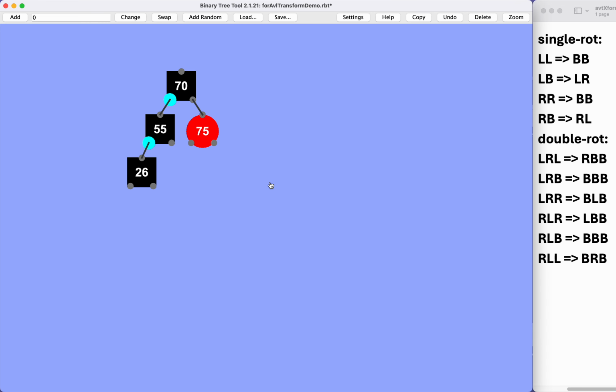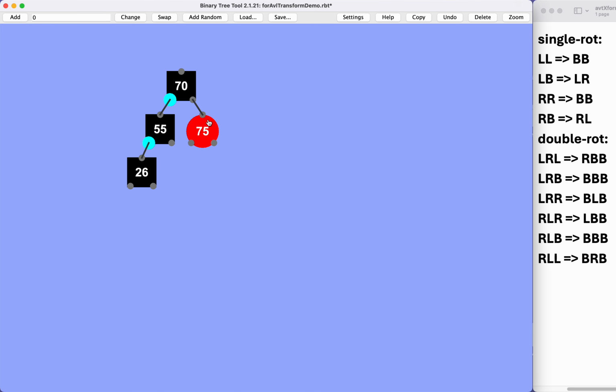In every case, we're going to have something that is out of balance by 1, which is fine. But then we're going to delete something. I'm going to motivate these by deletions. The same situations can come up in insertions as well. That's going to cause the tree to be out of balance by more than 1.